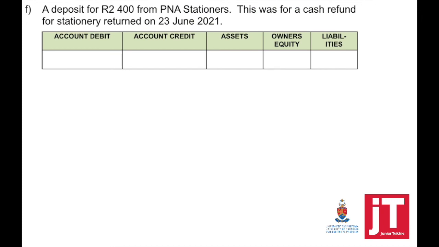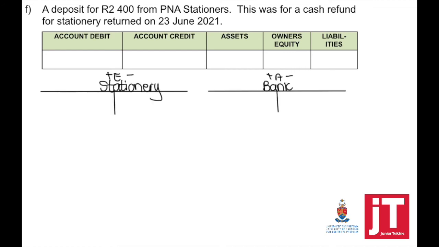Number F, a deposit for 2,400 from P&A Stationers. This was for a cash refund for stationery returned on the 23rd of June 2021. This means that I need to open up bank and stationery. The business received money, so bank will be debited. Why did the business receive money?